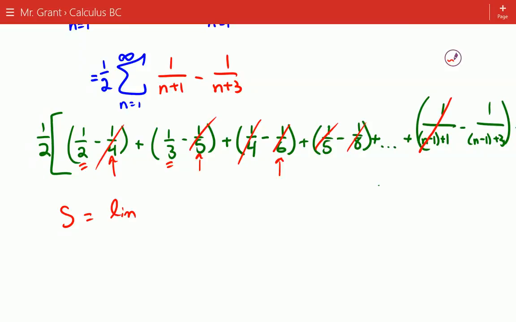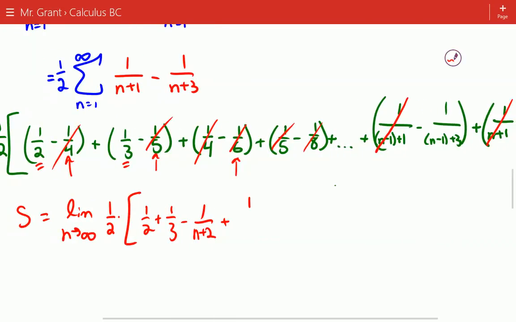It'll be the limit as n grows infinitely large of 1/2 times 1/2 plus 1/3, minus 1 over n plus 2, plus 1 over n plus 3. And notice our constants at the end actually match. Imagine that'll happen most times.